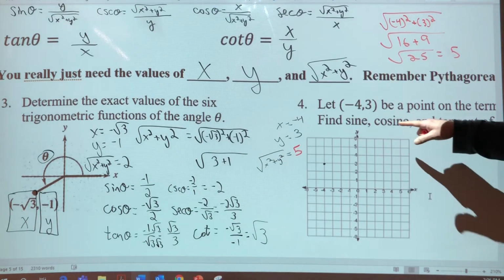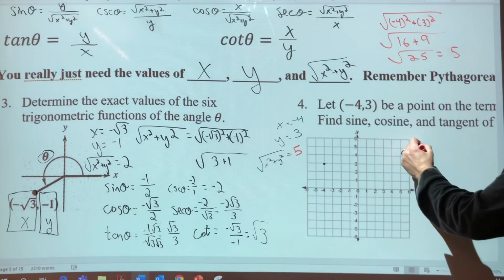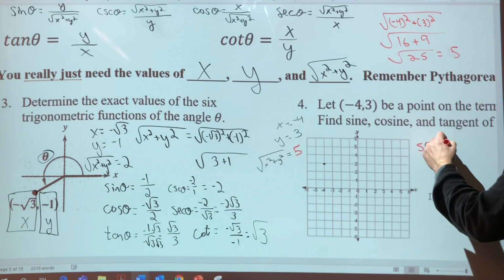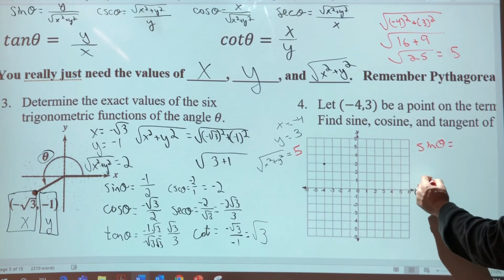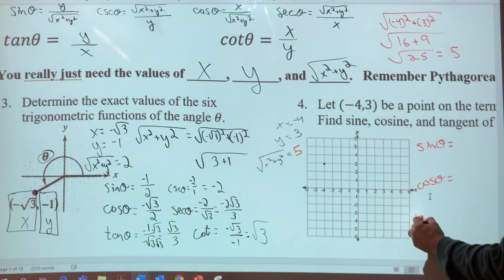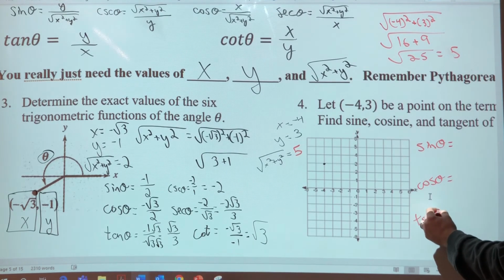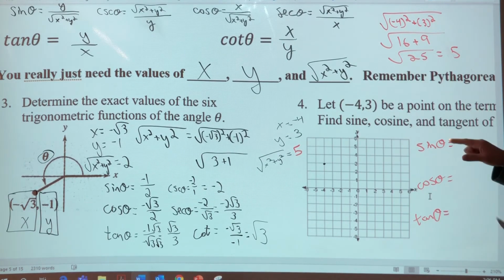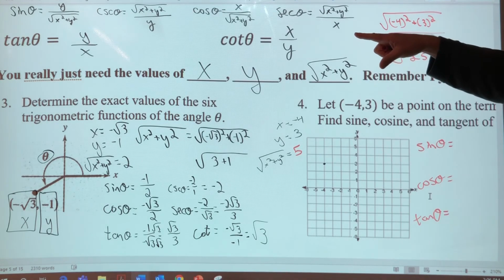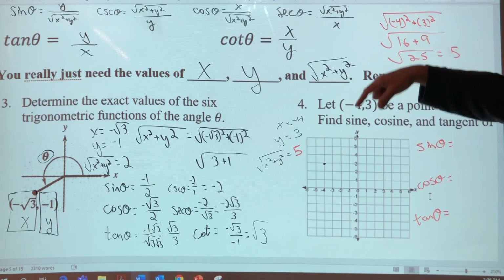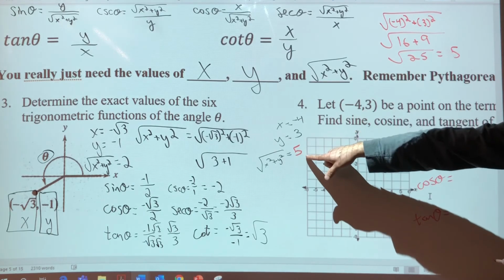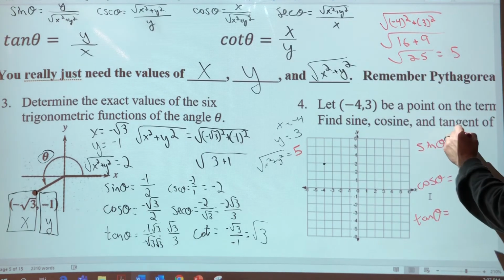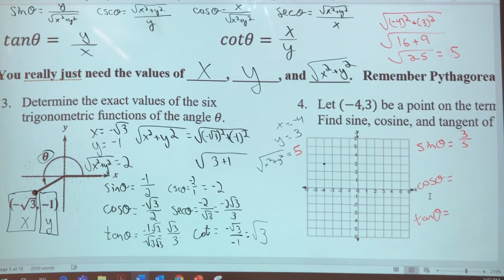And now we're going to find sine, cosine, tangent. Sine of theta, cosine of theta, tangent of theta. All right, so the sine is going to be y over the square root of x squared plus y squared. So it's 3 over 5.